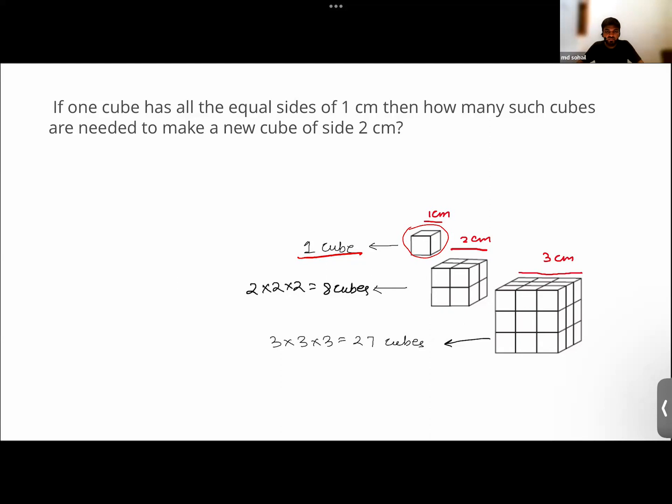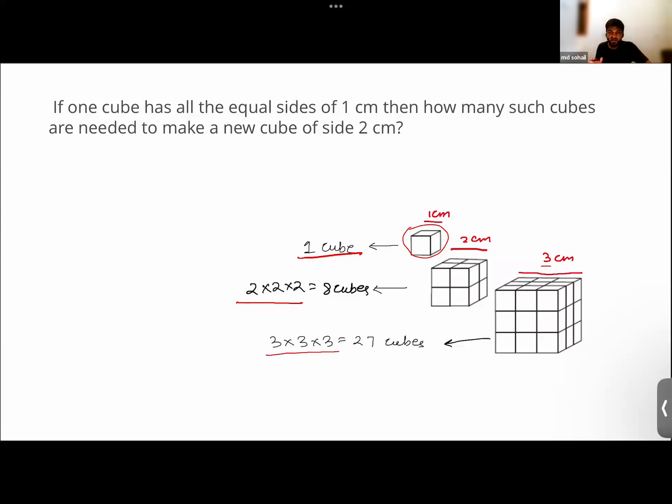Yes, Ahmed, for that purpose, what did we do? We multiplied 2 into 2 into 2. We found out the number of required cubes like this. Similarly, if the sides were to be 3 centimeter, then the number of cubes required were found out like this: 3 multiplied 3 multiplied 3. Why?